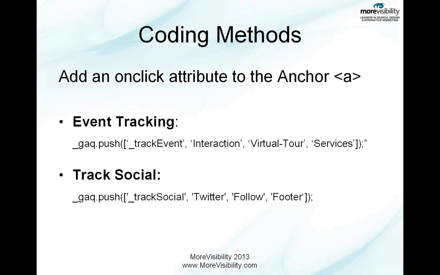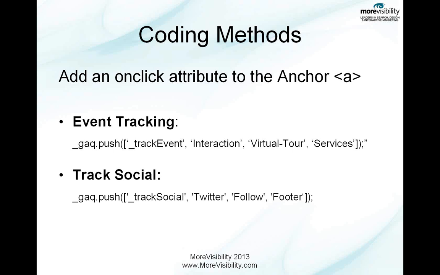The other one that we talked about, which can be used in conjunction with this, is Track Social. Track Social is relatively new; it's been around about 14, 15 months now. It's a more defined, more specific way to track an event. We're passing some particular strings in this example: Twitter, follow, and footer. But this is a pattern for any kind of deployment, regardless of the social network.